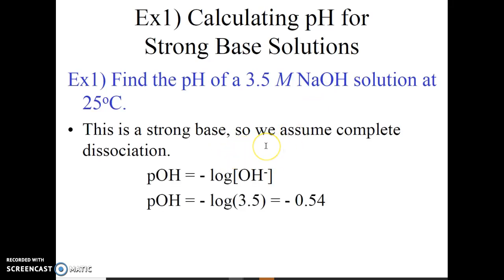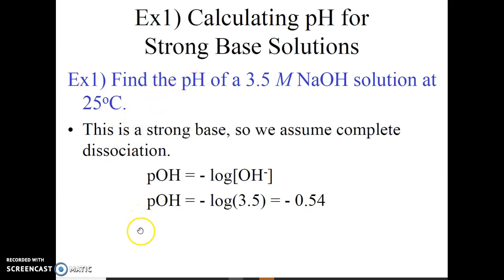We're going to end up with a pOH value then. That's the negative log of the hydroxide ion concentration. And since the hydroxide ion concentration is simply 3.5 molar, we get the negative log of 3.5, which is negative 0.54. But again, it asks us to find the pH value, not the pOH value.